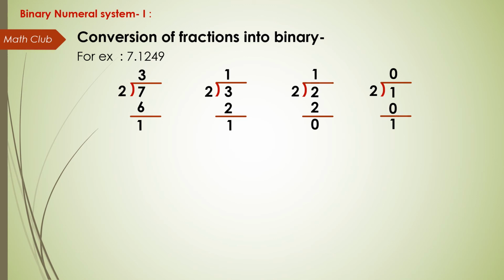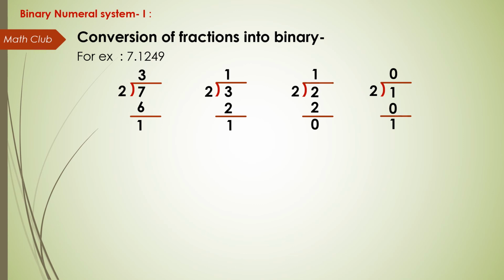Now the number after the decimal point. For that we will multiply the number by 2, and that product is multiplied again by 2, so that we will get the product as an integer.